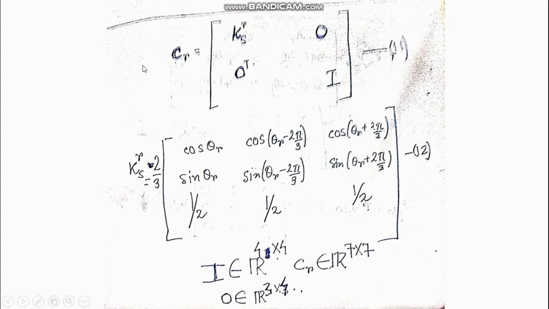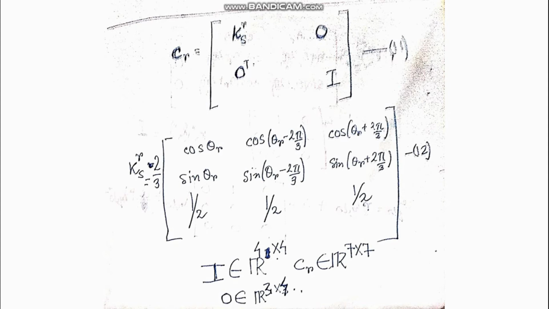So this is our transformation matrix, CR, which we can write if we want to convert all the quantities to the rotor side. We are familiar with this R, and this I is a 4 cross 4 identity matrix, and this CR is a 7 cross 7 matrix. That means you have 7 different flux linkages, 3 due to stator and 4 due to the rotor field windings.